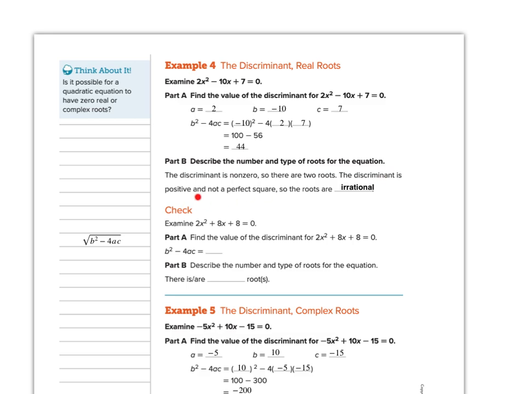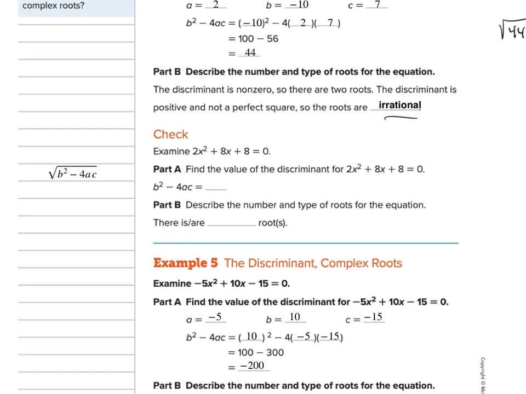The discriminant is positive and not a perfect square, so the roots are irrational. Thinking about the discriminant again, it's inside the radical, and the square root of 44 is going to be irrational.